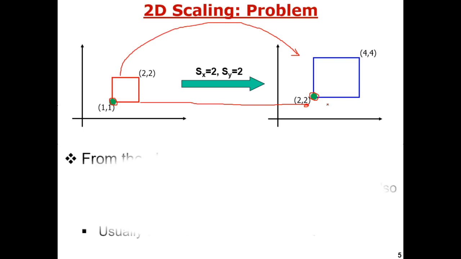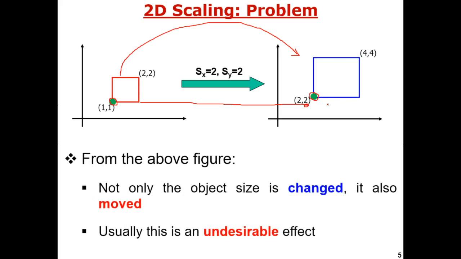From the above figure, not only is the object size changed, which is definitely a characteristic of scaling, meaning enlarging or decreasing the size of the object, because we applied the scaling factor, but it also moved, which is undesirable.